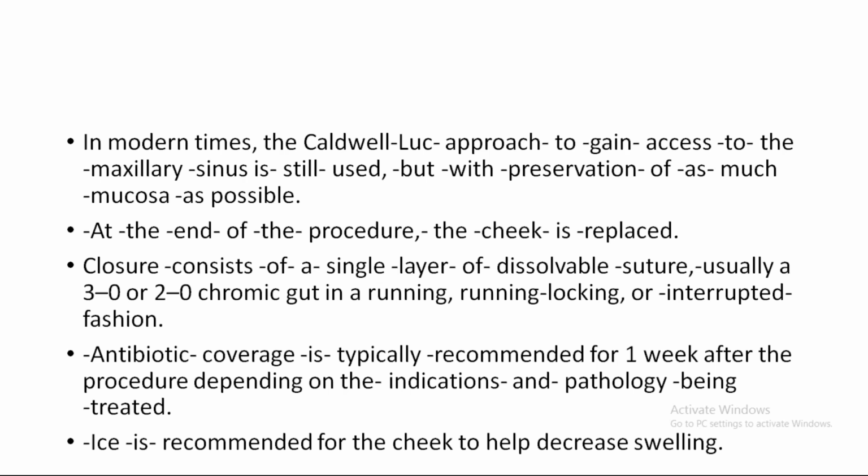What they are doing is, if you try to preserve the mucosa, then the epithelialization occurs better and faster. So now the concept is not to remove all the mucosa, but rather try to preserve it, but not at the cost of recurrence. Because this is surgery, the patient has come to you because he or she was suffering from recurrence. Now again, by doing Caldwell-Luc, if you give recurrence, then it is bad.